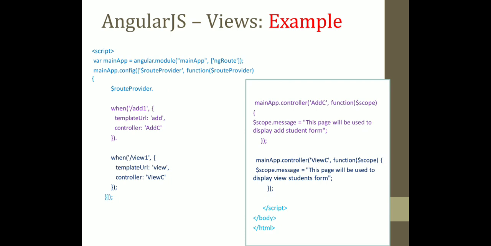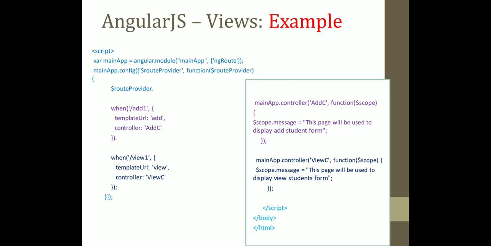So we have started the script with the variable mainApp. The angular.module method we have used. Here we have provided two parameters, mainApp and ngRoute, and as told, the configuration must be used. So mainApp.config will provide $routeProvider in a function. The $routeProvider will also have two parts, for add and view.